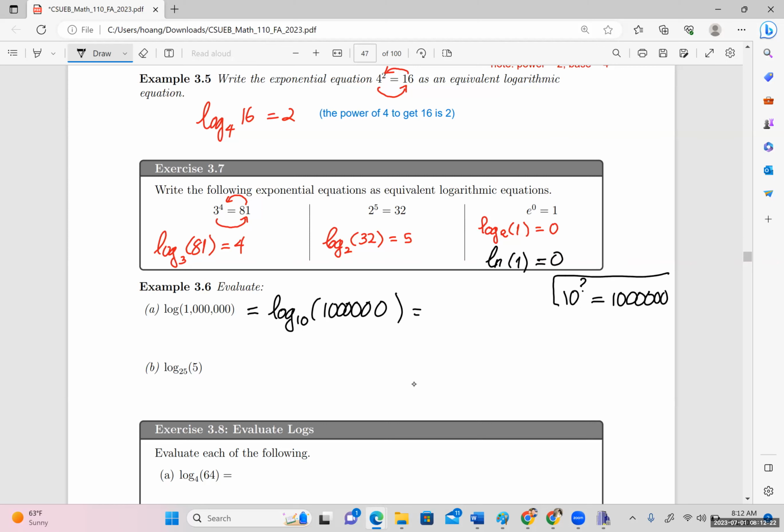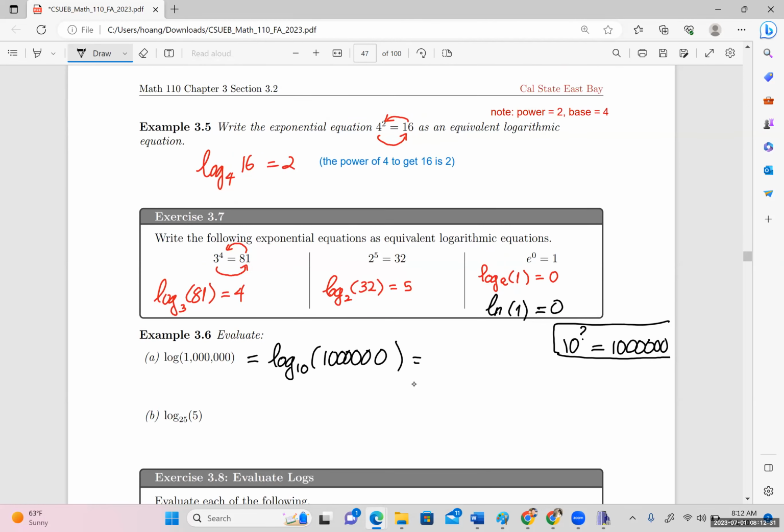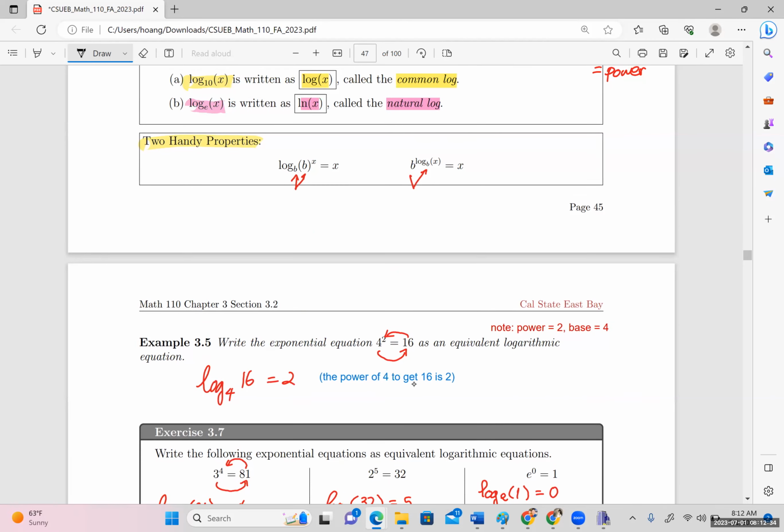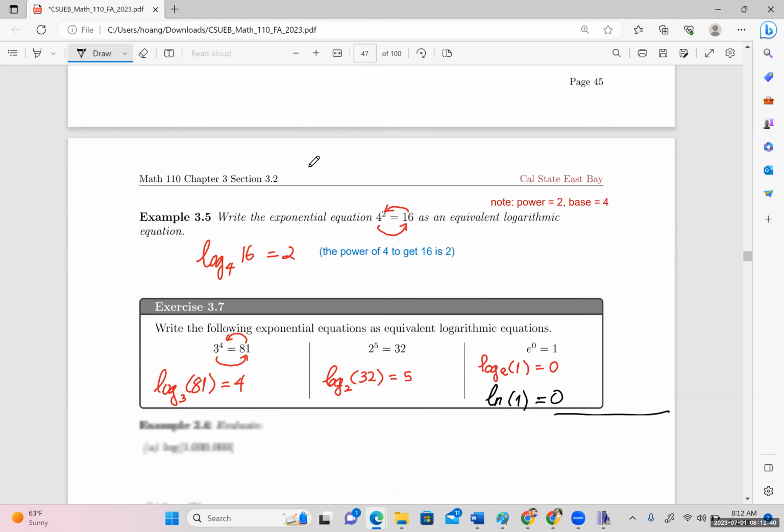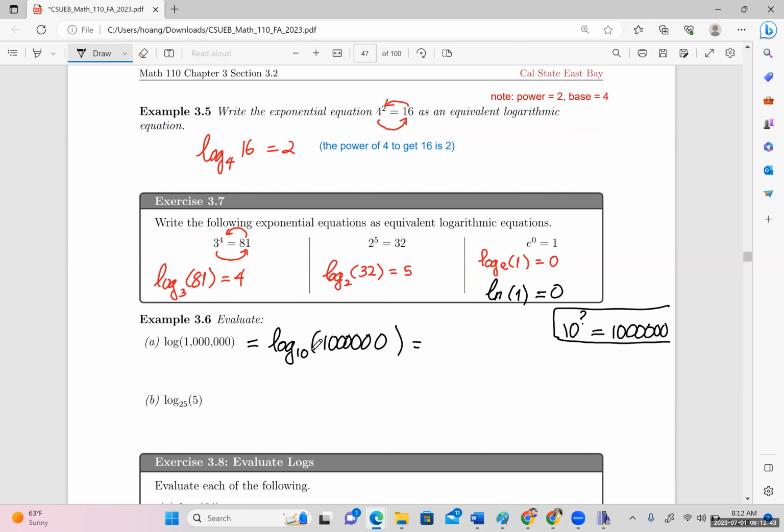I'm going to make a box. I would like to apply one of the handy properties here. I try to make my argument be in the form with the same base of 10, leaving just the power. I can rewrite it as log base 10 of 10 raised to the power 1, 2, 3, 4, 5, 6.